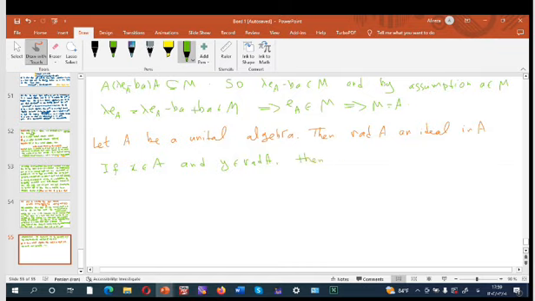then by the previous proposition we have, for each B in A, EA minus BY is invertible. Okay?